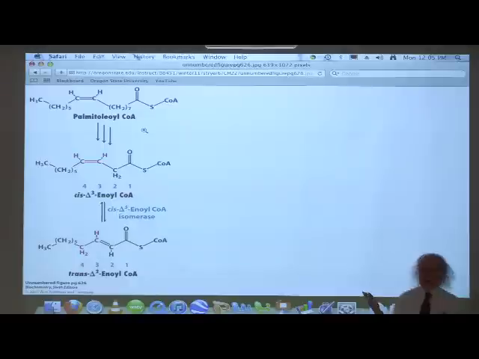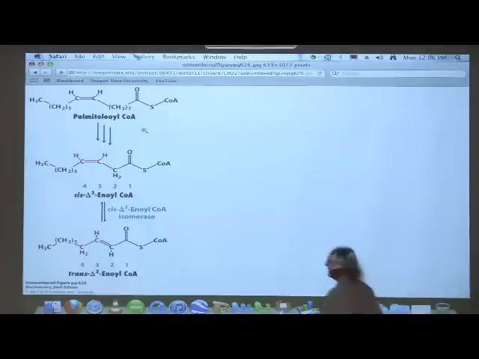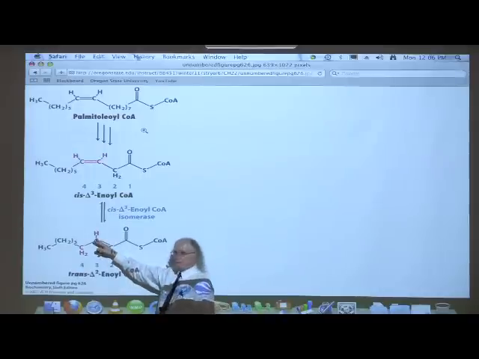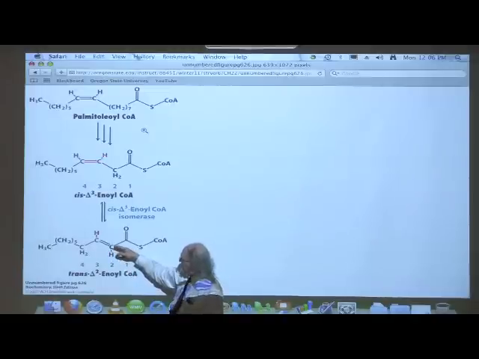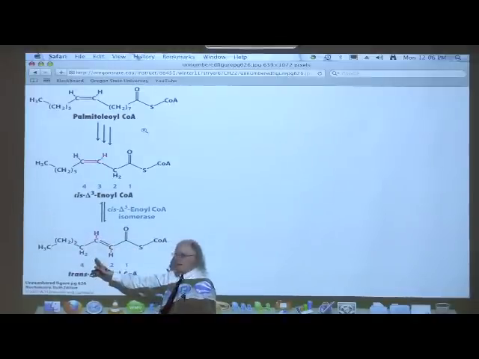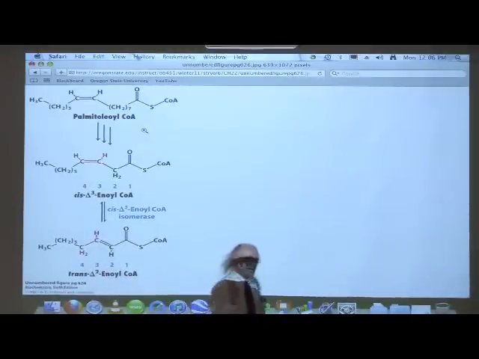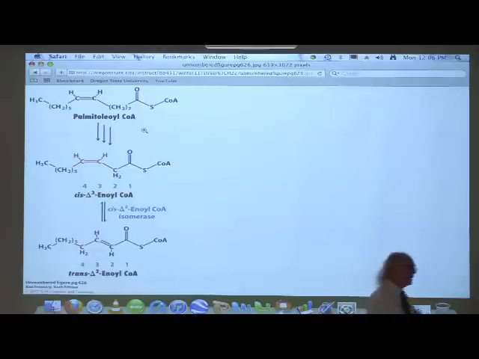Adding water, right? We add water across the double bond. That would put the hydroxyl here, right? And then we would oxidize that hydroxyl to a ketone, and then we would break an acetyl-CoA off, right? So all we have to do is move that double bond from being a cis 3,4 to being a trans 2,3, and we can proceed with beta oxidation just as we normally would.